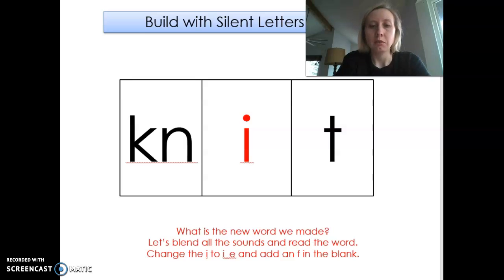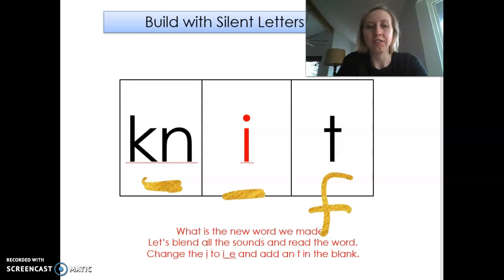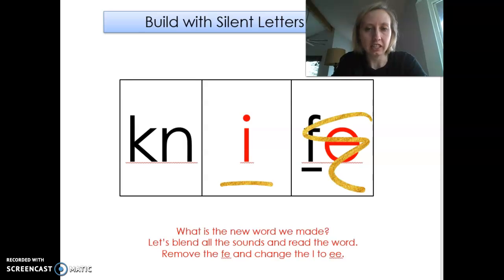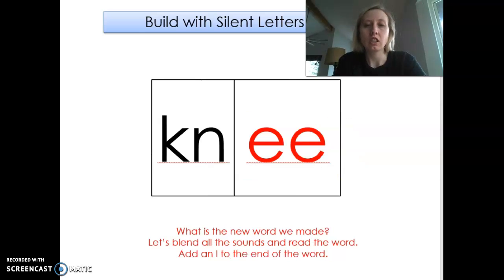So it would be knife. Get rid of this and then change this to an e. So knee. Add an l to the end of the word.